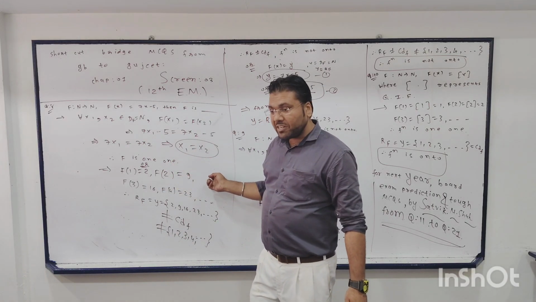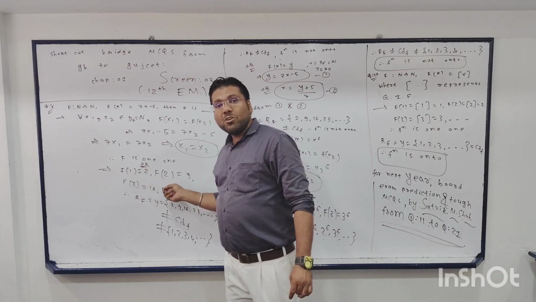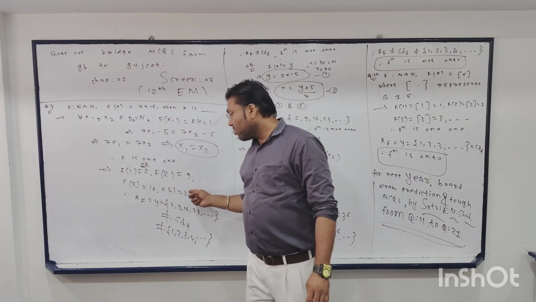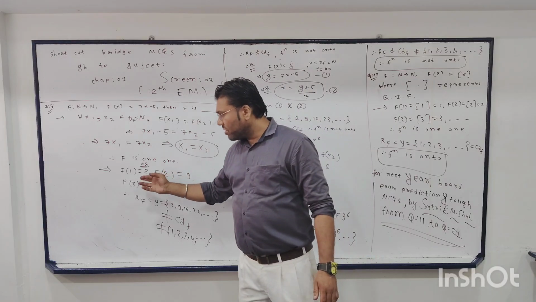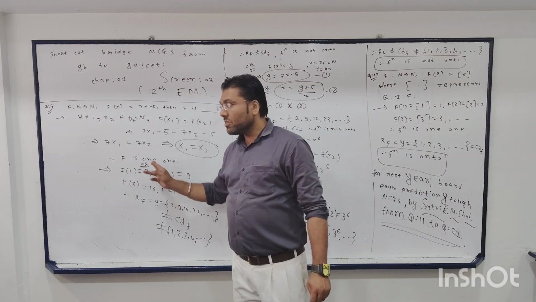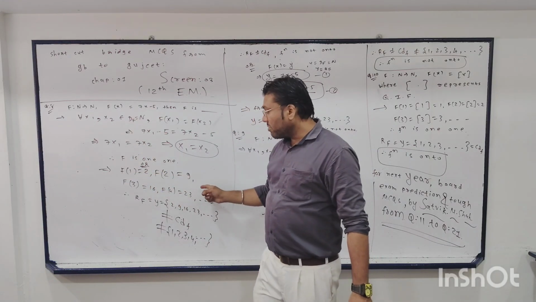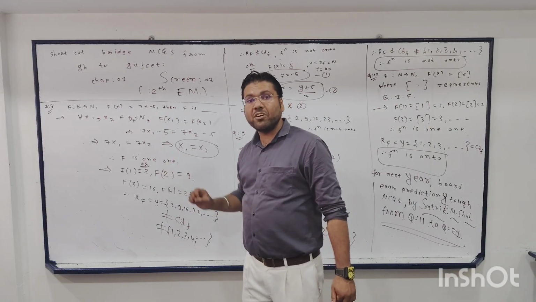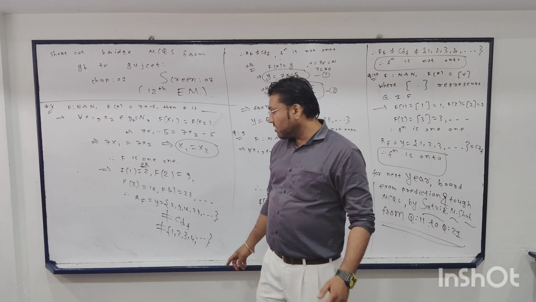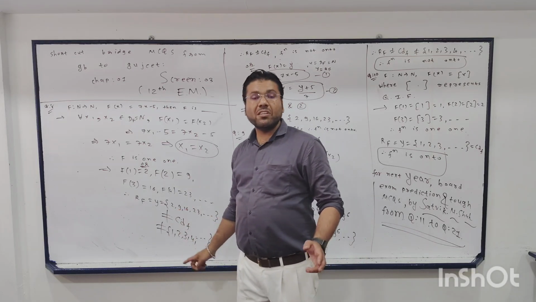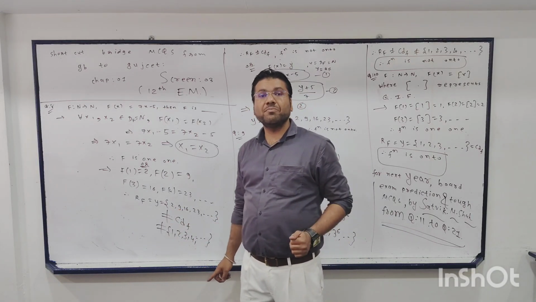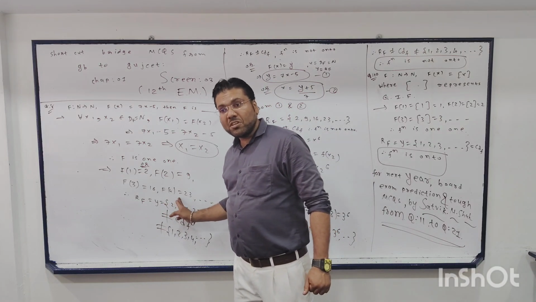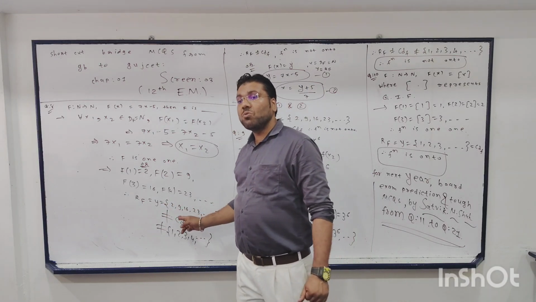Now you can say that the general value of f of x is given by 2, 9, 16, 23. But if you put different values of x from the domain, you will never get the answers 3, 4, 5, 6, 7, 8, etc. You will never get the answers 10, 11, 12, 13, 14, 15, etc. So you can say that here the range of the function is not fully equal to the codomain.